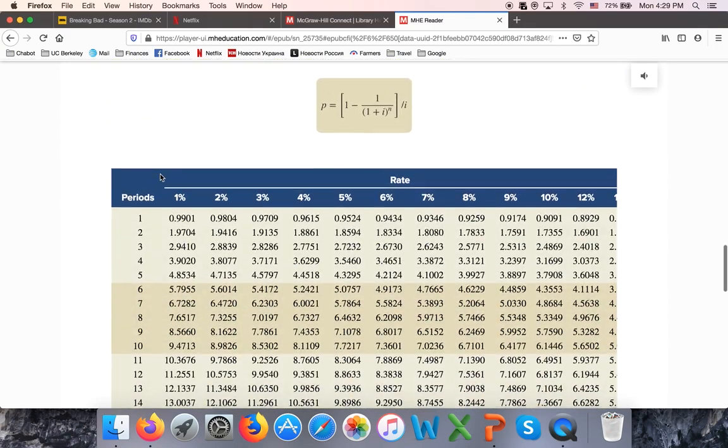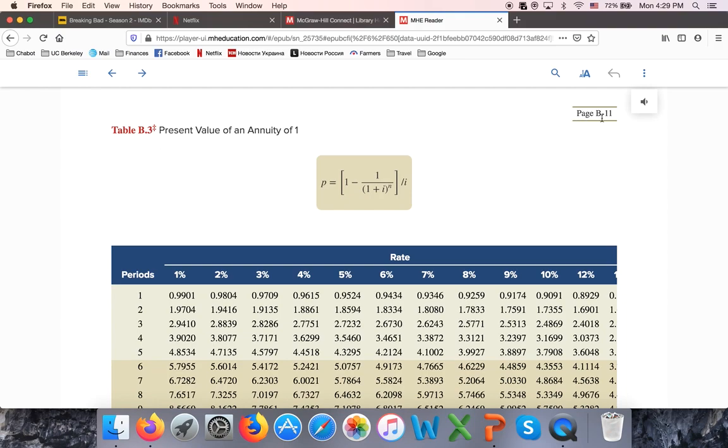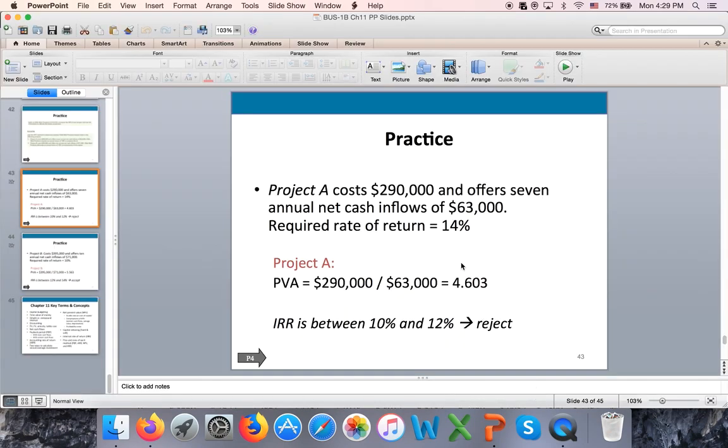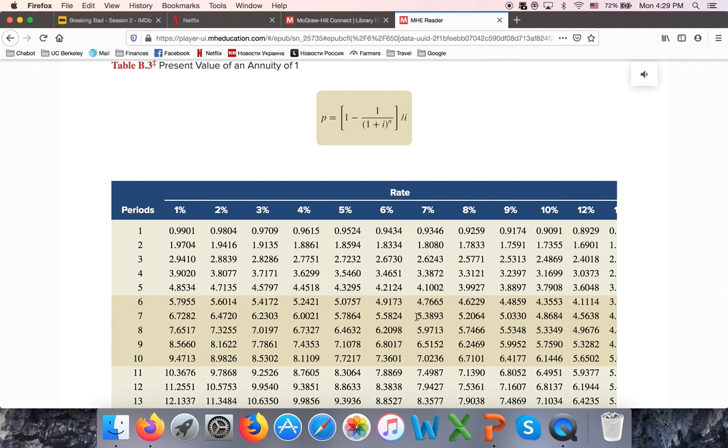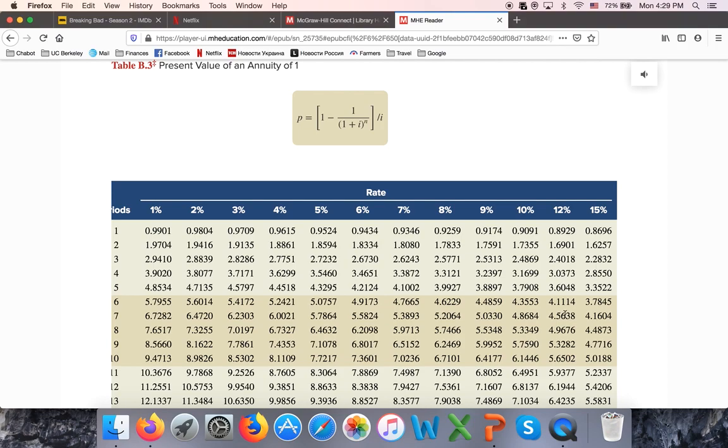Here you go. Page B-11. In this example, we're looking for 7 periods, 4.6. So 7 periods, 4.6, right here.